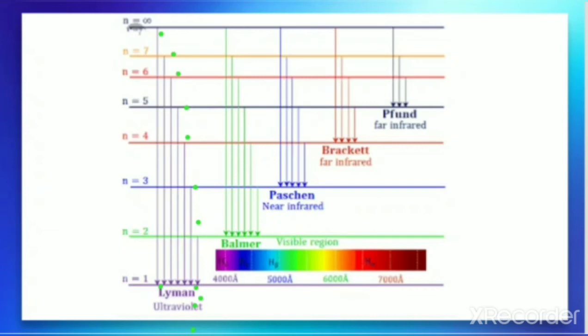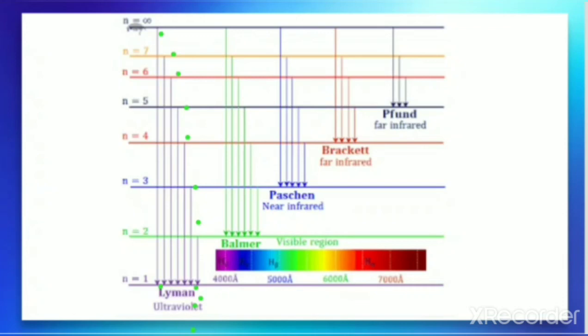Depending upon the transition, if it takes place from second to first, then n1 is 1 and n2 is 2. If it takes place from third to first, then n1 is 1 and n2, the initial level, is 3. So this is the Lyman series.